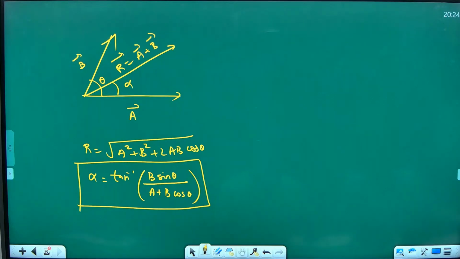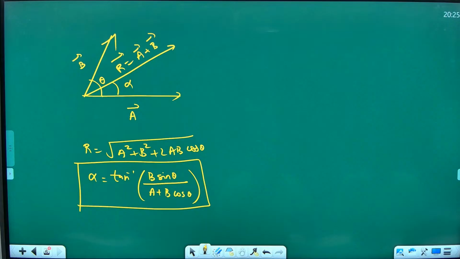Okay. Magnitude is 5 root 5 meter per second.